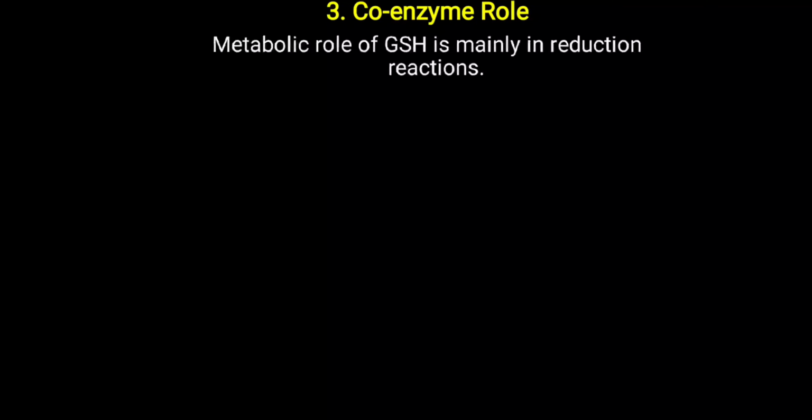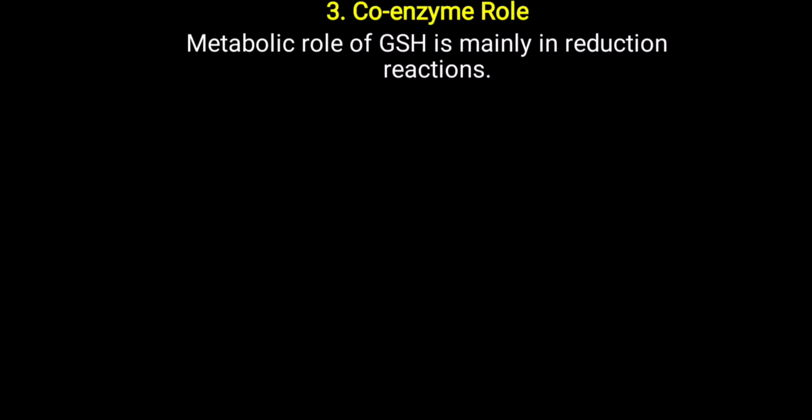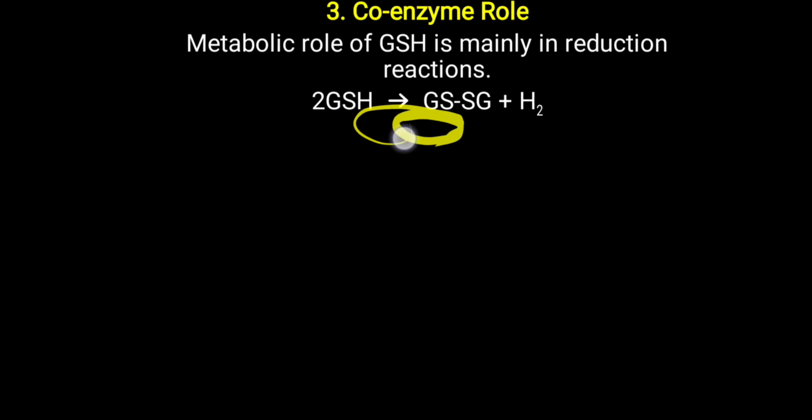Now the second function of this glutathione is the coenzymatic role. The metabolic role of this glutathione is mainly in reduction reactions. Basically various reduction reactions occur with the help of glutathione, and for that 2 glutathione molecules are needed. These 2 glutathione molecules will donate hydrogen, so they will be converted into GSSG. GSH indicates glutathione, with the SH group of the glutathione. Now such 2 molecules of glutathione will be converted into GSSG, and will donate hydrogen H2.